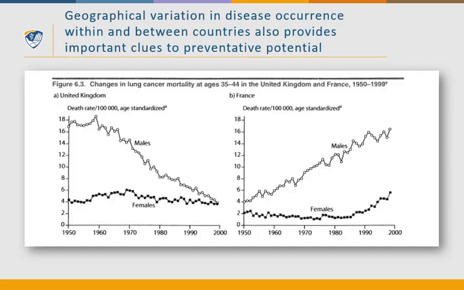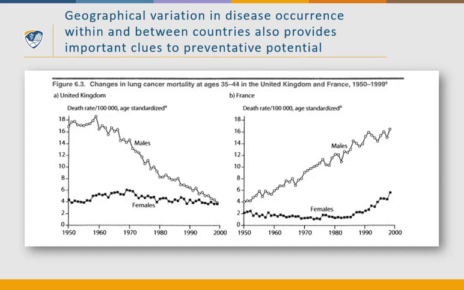So here we're looking at geographical variation in disease occurrence within and between countries. This can provide some clues as to preventative potential. So, changes in lung cancer mortality in the United Kingdom and France. We see that males decreased in the United Kingdom, whereas males increased in France.